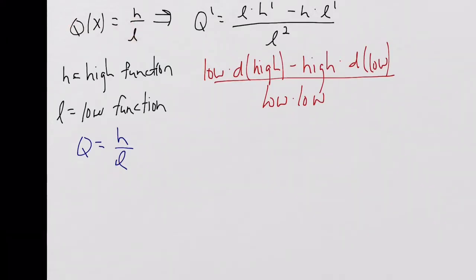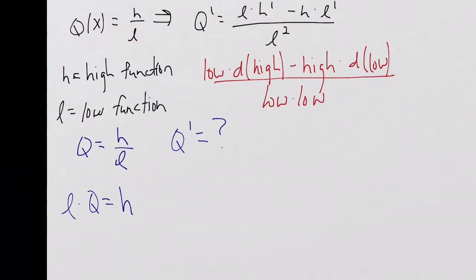I know product rule at this point, so what I can do is multiply by L on both sides and get L times Q equals H. So I've got the low here and the quotient here and the high here, that's an H. And I want to figure out what Q prime equals. That's my goal. So I know product rule.